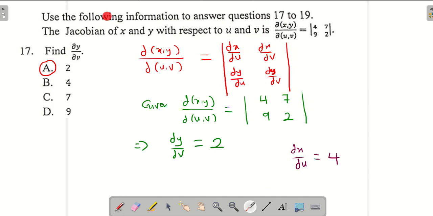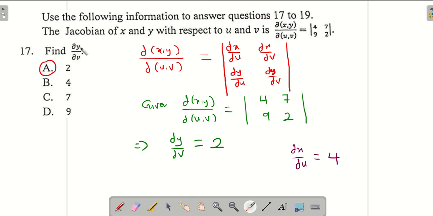Now, we are supposed to use the following information to answer questions 17 to 19. We have been given that the Jacobian is 4 7 9 8. But remember that the formula for finding the Jacobian is dx/du, dx/dv, dy/du, dy/dv.